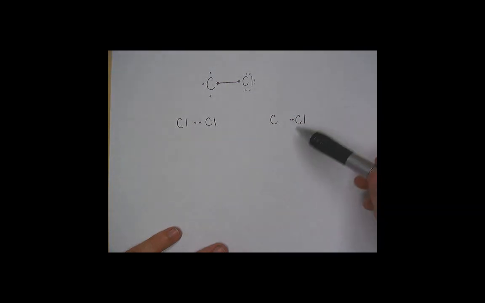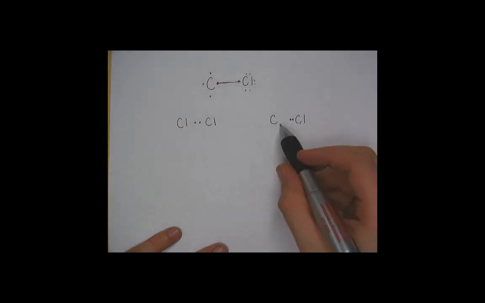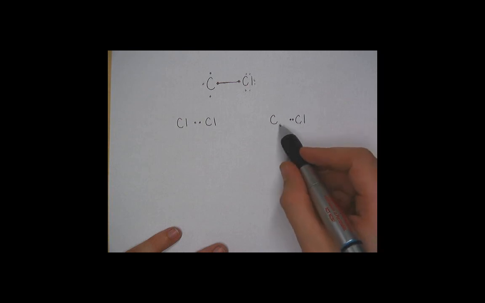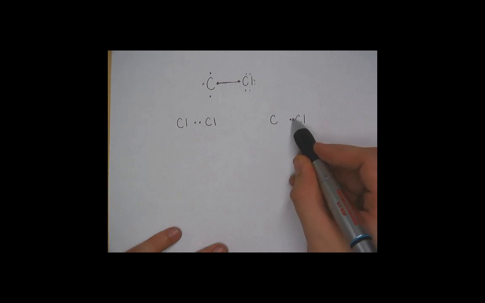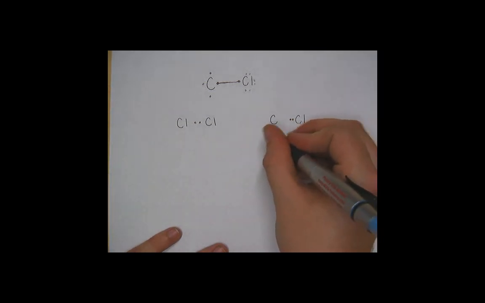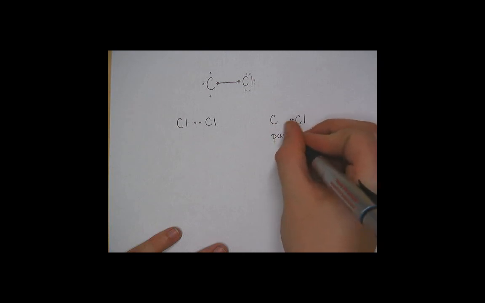So when we talked about ionic bonding, whenever one atom transferred an electron over to another atom entirely, they became cations and anions. Well, here, we're not sharing the electrons evenly, but we're also not transferring them entirely. And so what we expect is that the atoms exhibit what's called a partial charge.